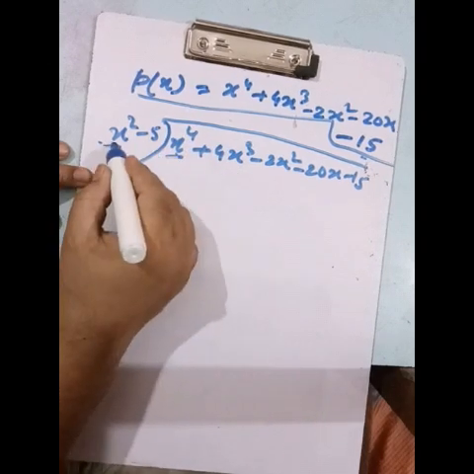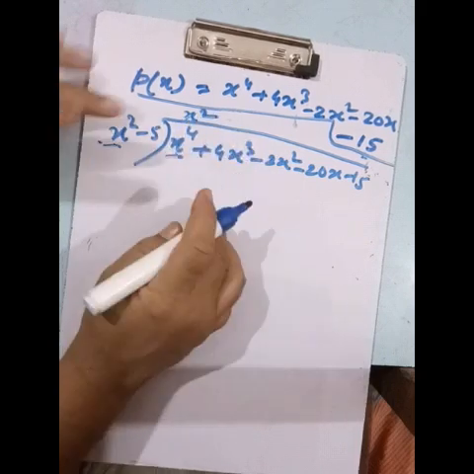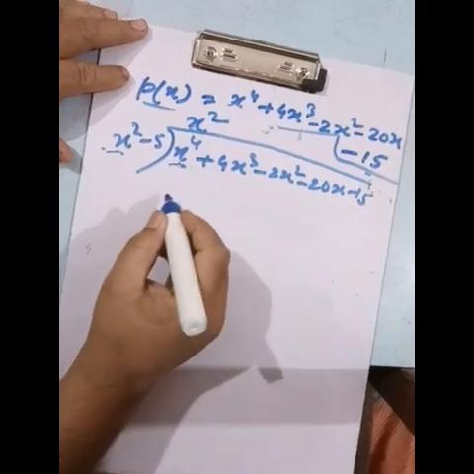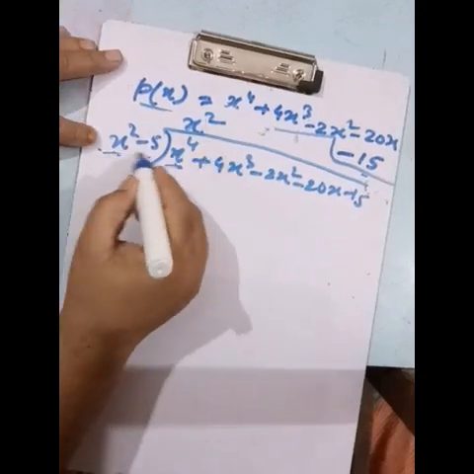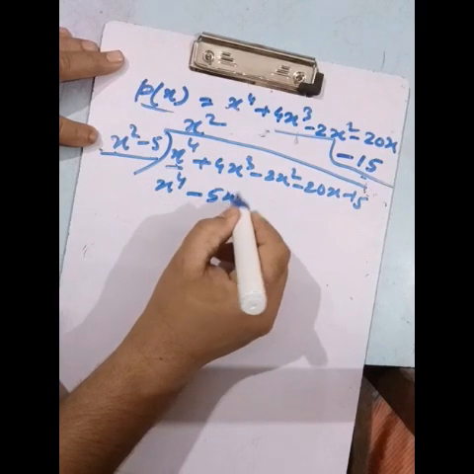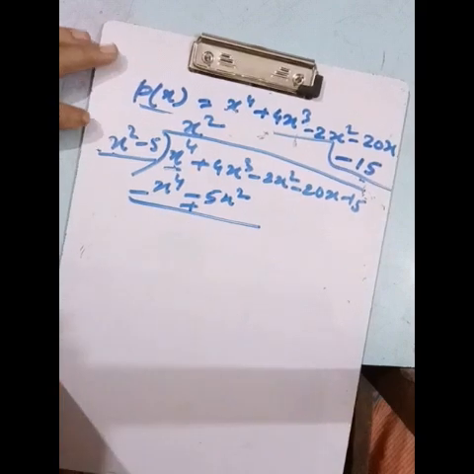If you multiply this by x square, you will get x to the power 4. So you will write here x square as the quotient, and you will multiply this x square by the divisor to get x to the power 4 minus 5x square. And simply we go for the process of division by changing the sign.